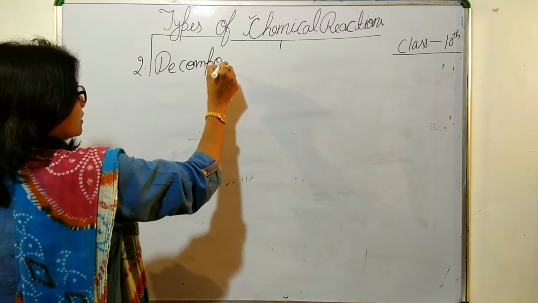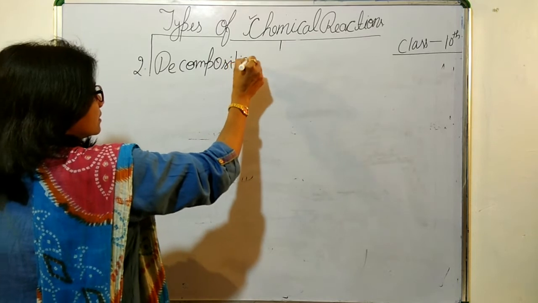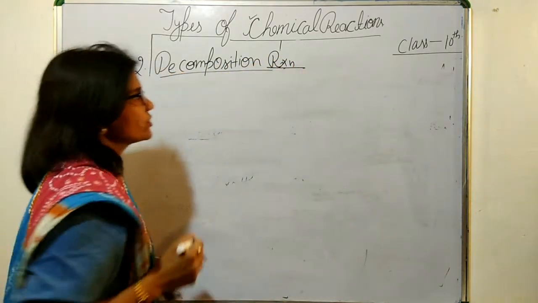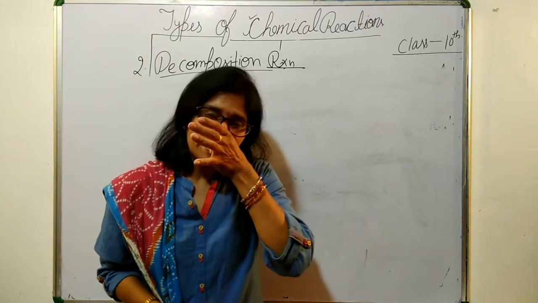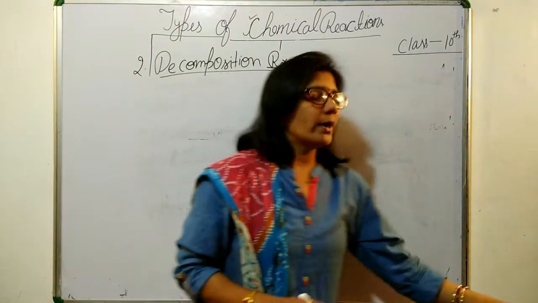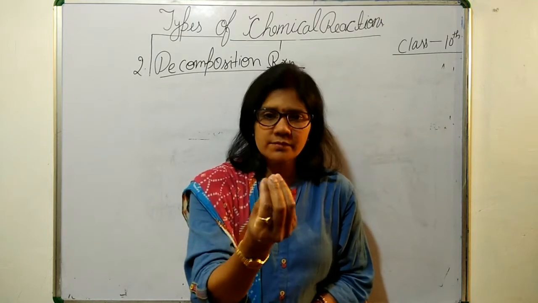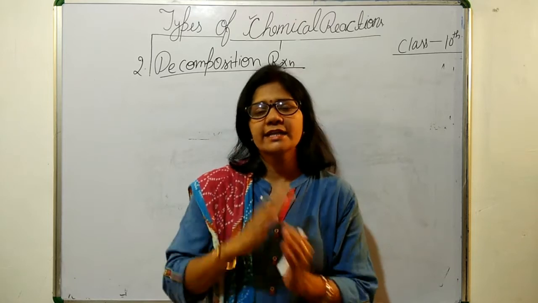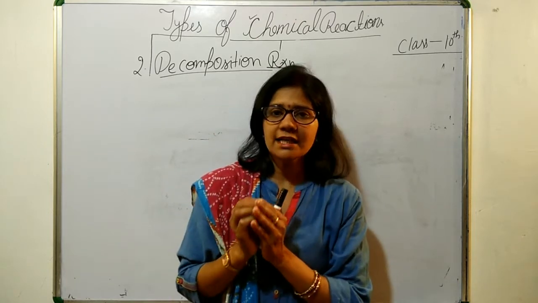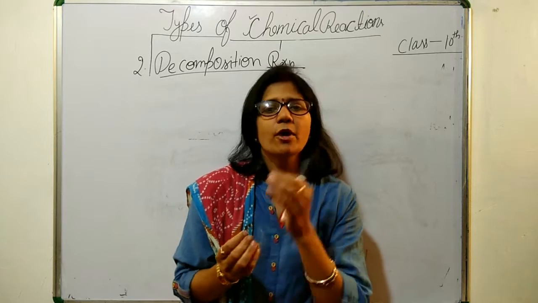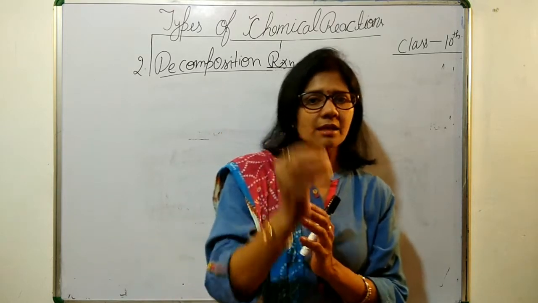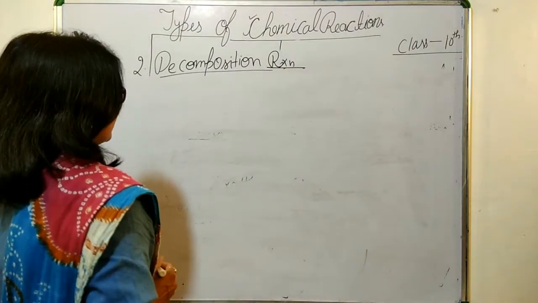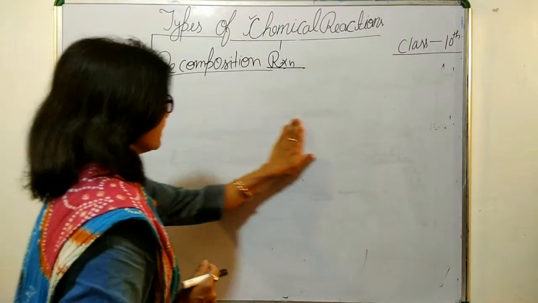Decomposition: when one substance breaks into more than one, it is called decomposition. It means a single substance will form more than one product. So for the decomposition reaction, let's see one example.